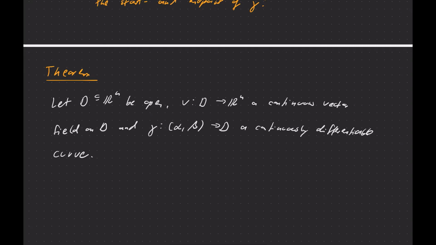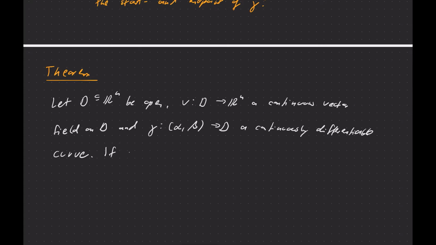Then if V is a gradient field, the integral along gamma over V can be computed by just evaluating the potential at start and end point. That's what the theorem says.